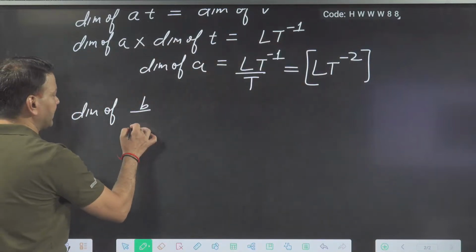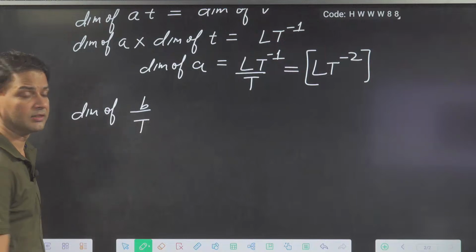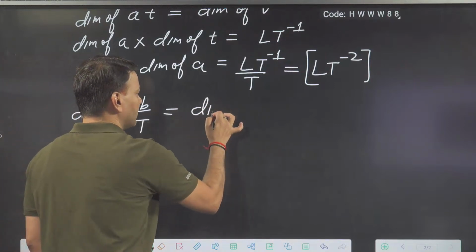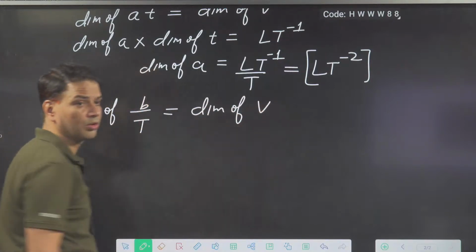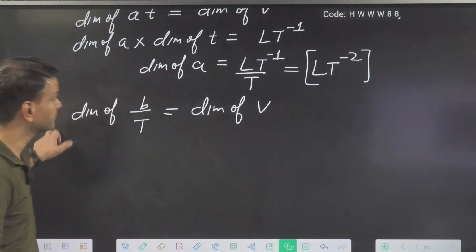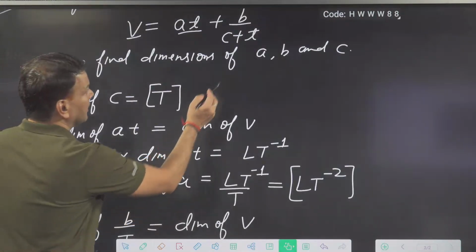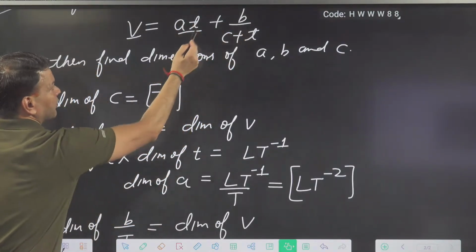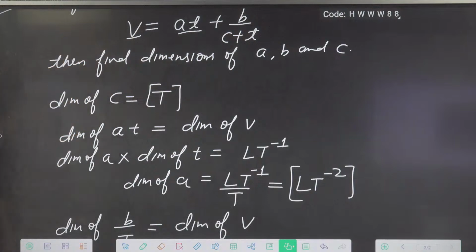So dimension of B upon T is equal to dimension of velocity. Why? Because this quantity will have the same dimension as velocity.